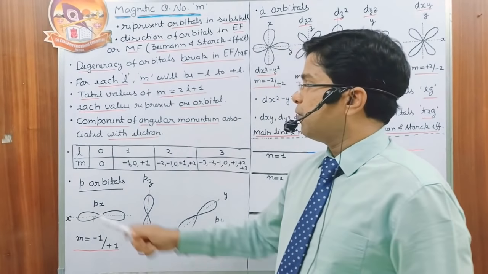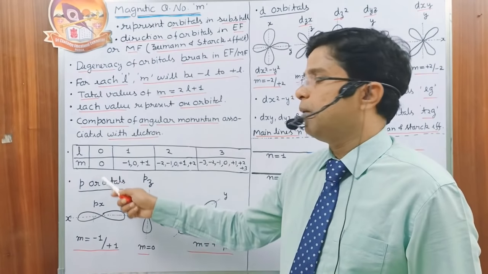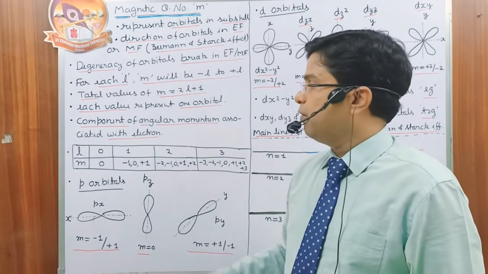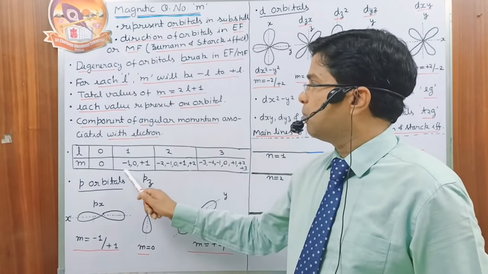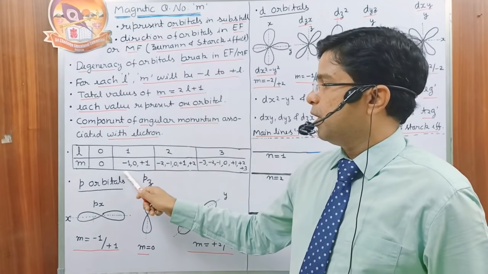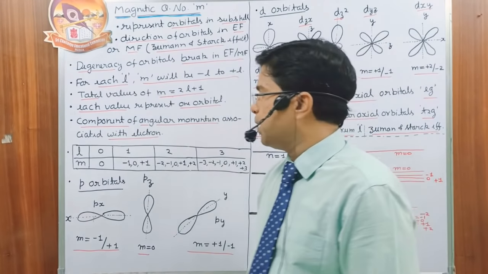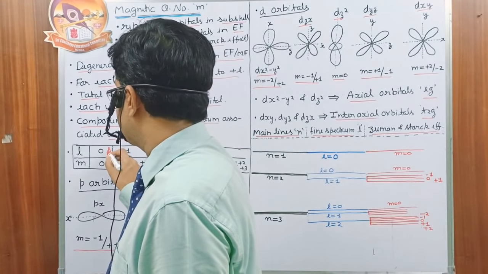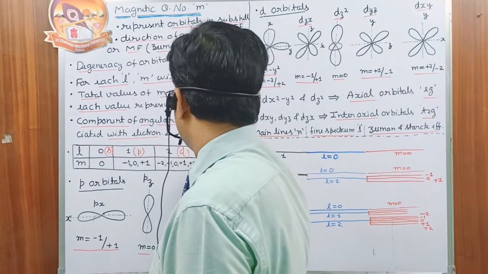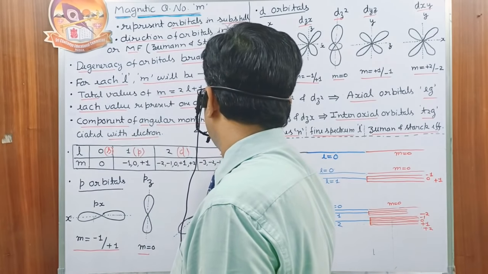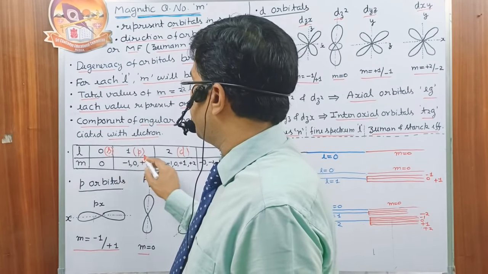Now if the value of L is 0, then only one value of M is possible, that is 0. If the value of L is 1, then 3 values of M are possible, from minus L to plus L: minus 1, 0, plus 1. L equal to 0 stands for the S subshell, then P subshell, D subshell and F subshell.